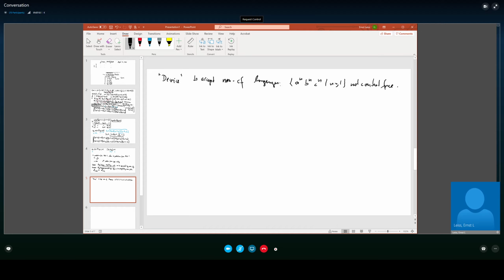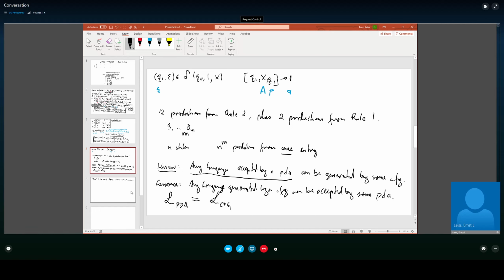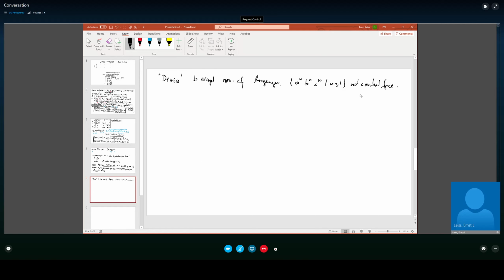Which means, of course, given the equivalence of push-down automata and context-free grammars, that there can't be a push-down automaton and there can't be a context-free grammar for this language.